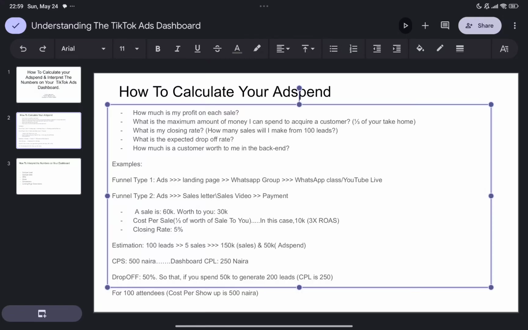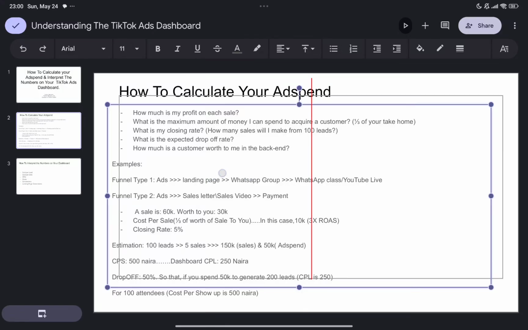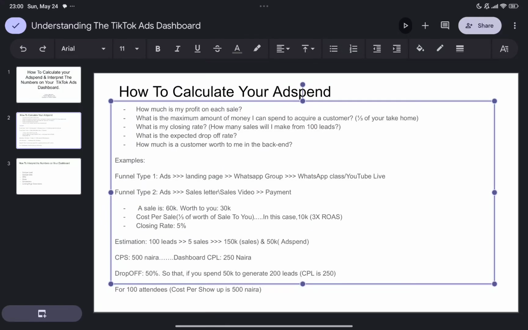Mind you, I said earlier that I'm expecting a total drop off, because people will drop off between this place and this place. I hope you can see my screen the way I'm touching it. People will drop off from the landing page to the WhatsApp group, and people will also drop off from here.